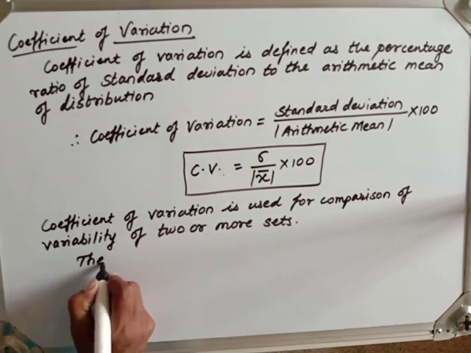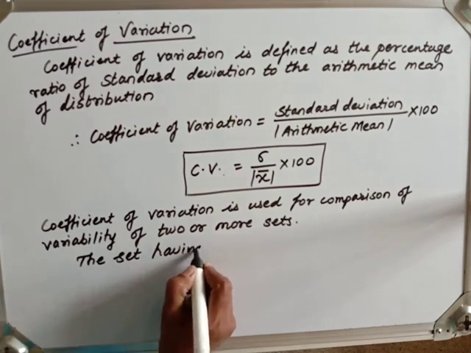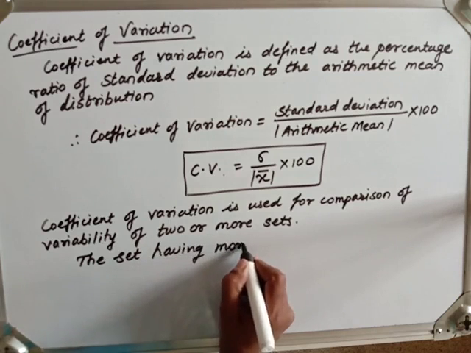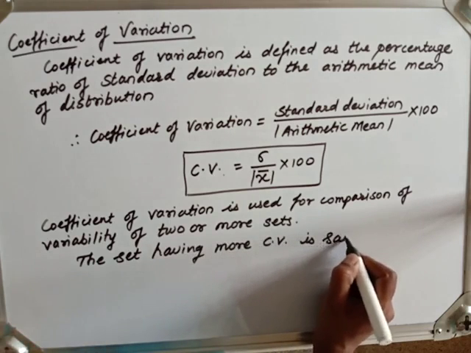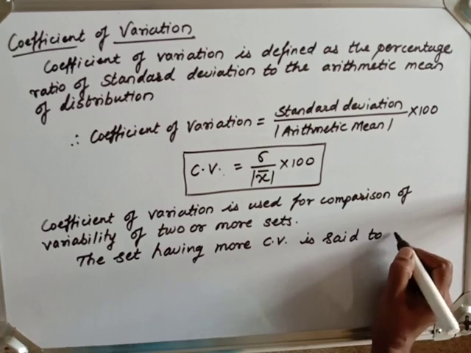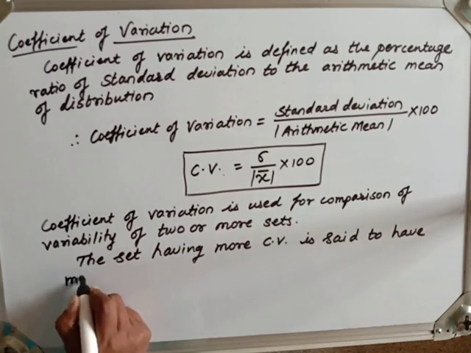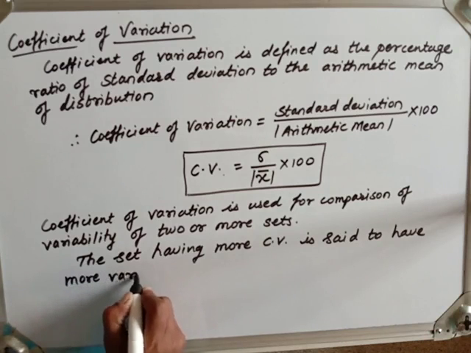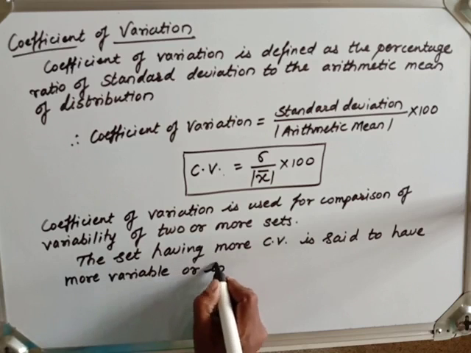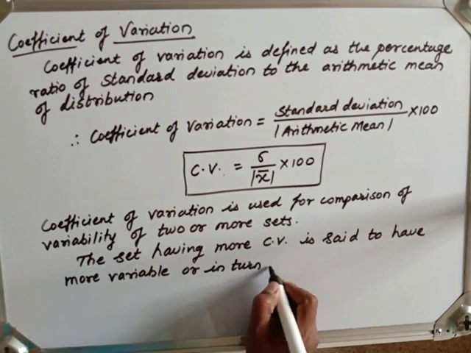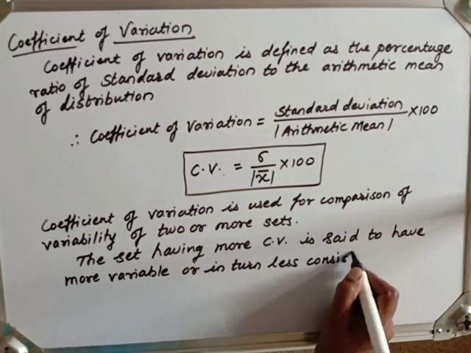The set having more CV, or more coefficient of variation, is said to be more variable, or in turn less consistent.